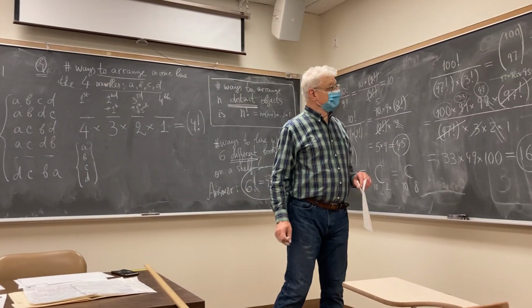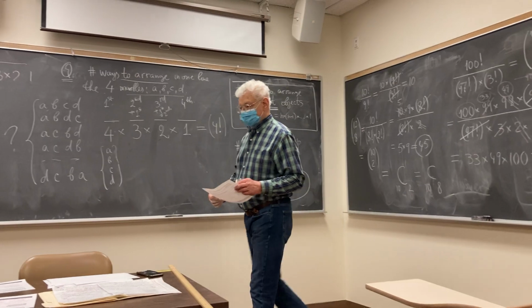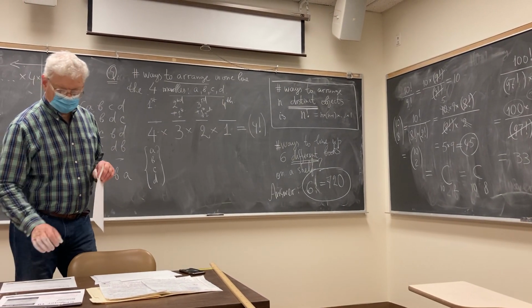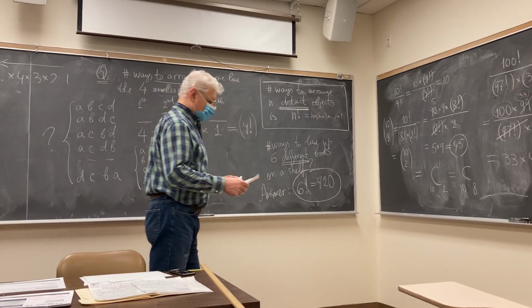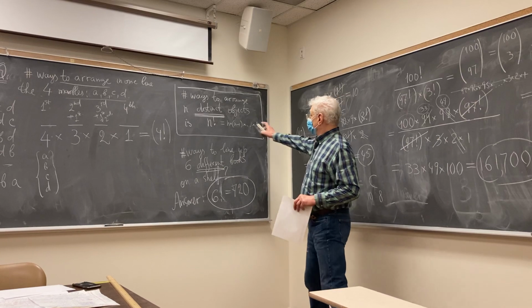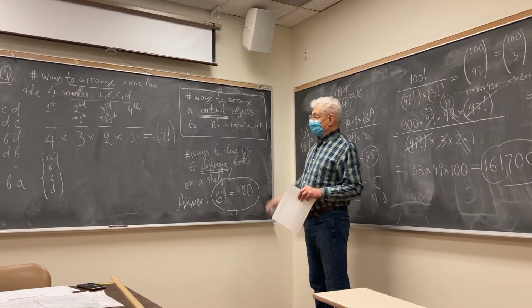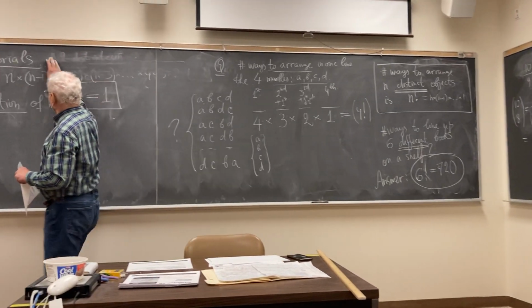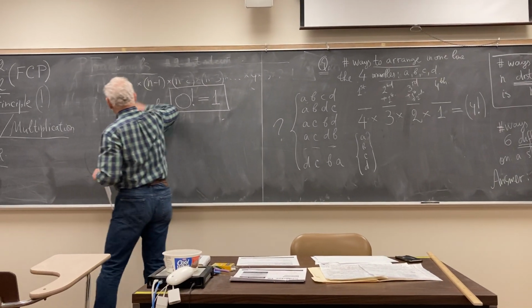Now we have to make some interruption here, and now I will explain to you the most difficult moment in this chapter. When you have distinguishable objects, let me explain to you in a simple way.